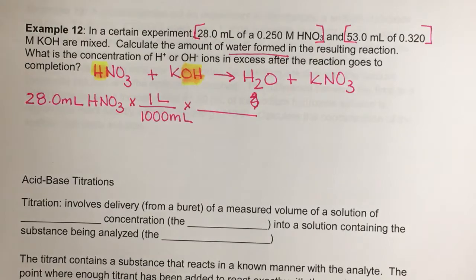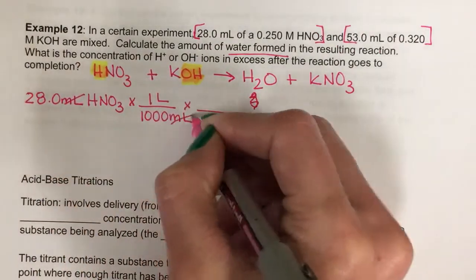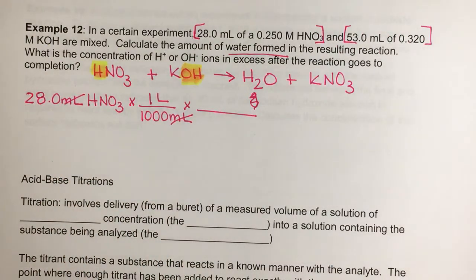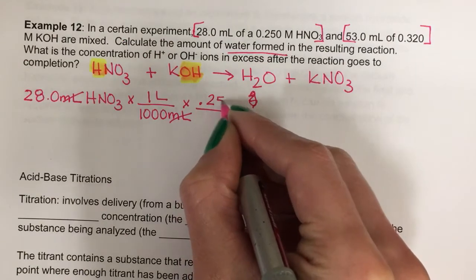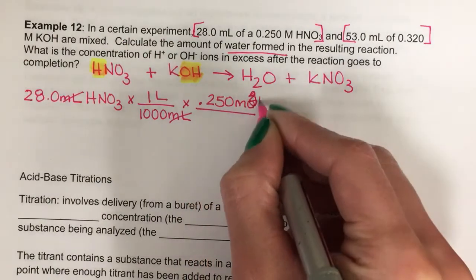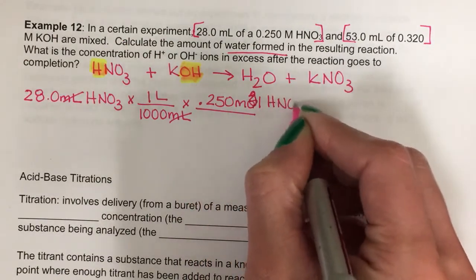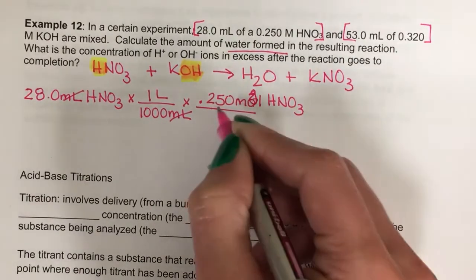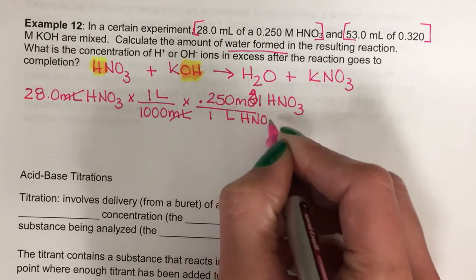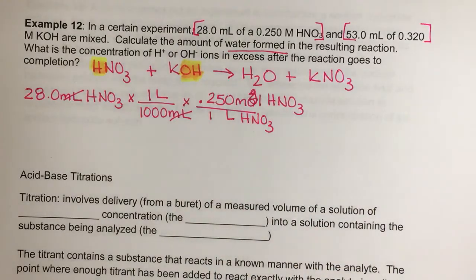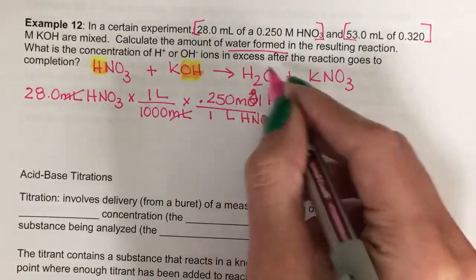Okay. Once I make my volume turn into liters, I know that I've got 0.250 moles of HNO3 for every 1 liter of HNO3. Okay. Well, now the problem doesn't ask about HNO3, it asks about H2O.